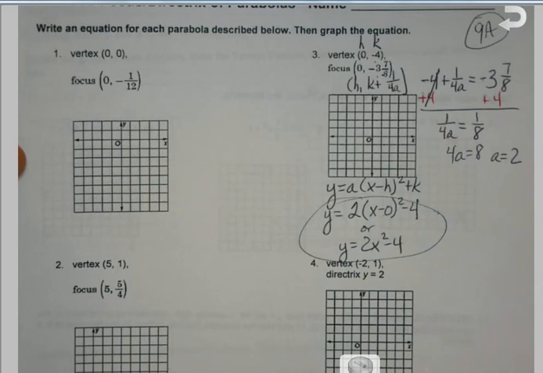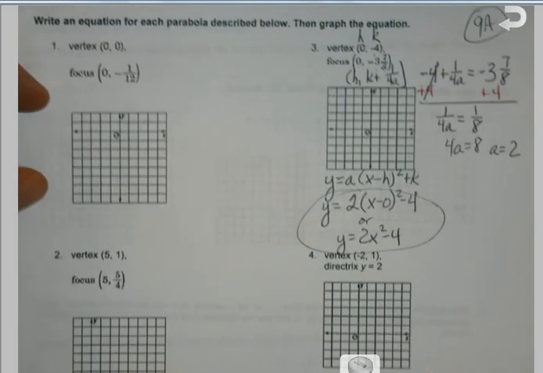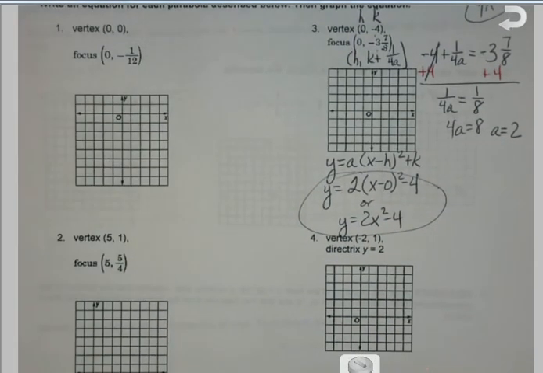So let's just say you're doing that just below with the one that's got the directrix. You're like, okay, vertex again, I know I got h and k. I'm not going to have a yet, but it's x minus h, so that becomes plus 1. Now the directrix, how's that work again?